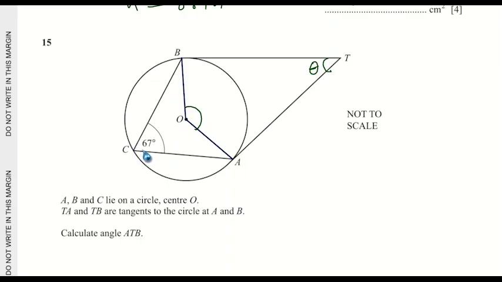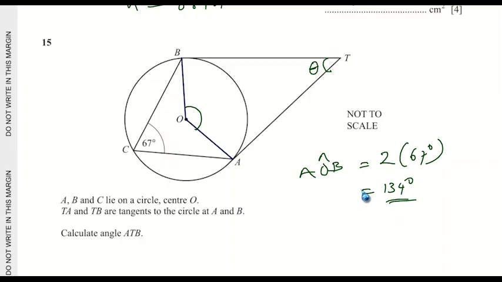So we can say that angle AOB equals twice the angle at the circumference, so it will be twice 67 degrees. That means angle AOB equals 134 degrees.